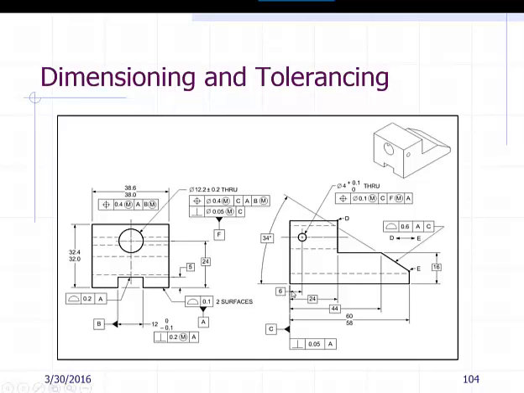So there we have a basic dimension calling it out from the left side of the part. And then we have it relative to datum F, and datum F is actually this hole. So it's the center of this hole, so basically they're the same, they should line up. And then finally datum A. So datum A, it looks like, is the bottom of the part. So here is the dimension that calls out the center from the bottom of the part using the basic dimension there.